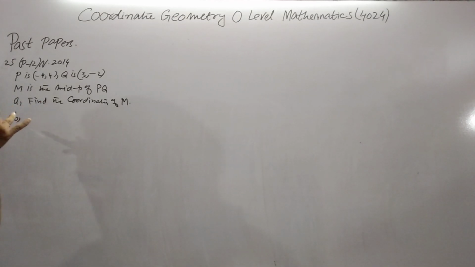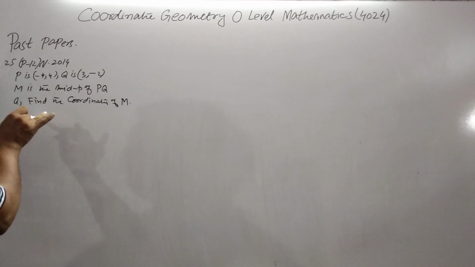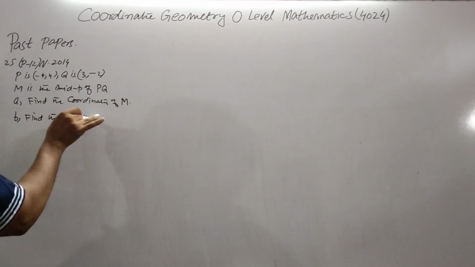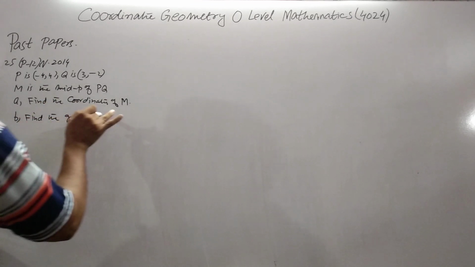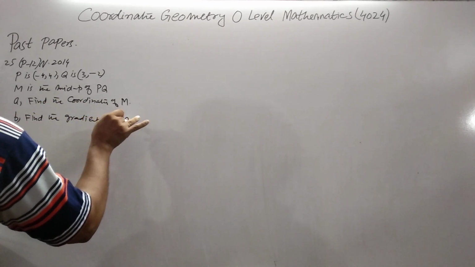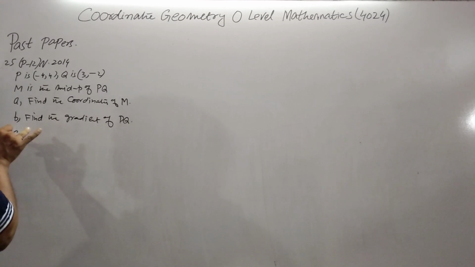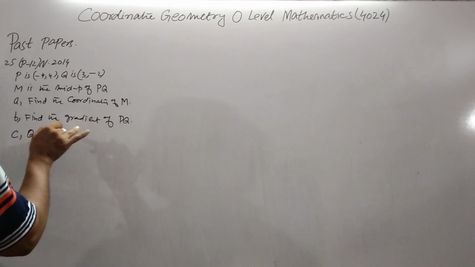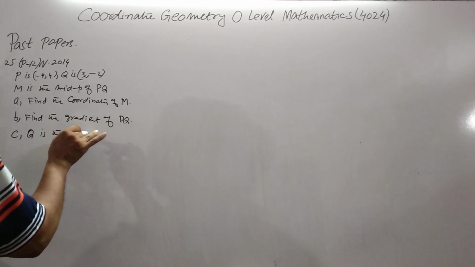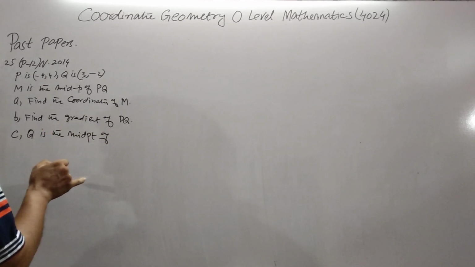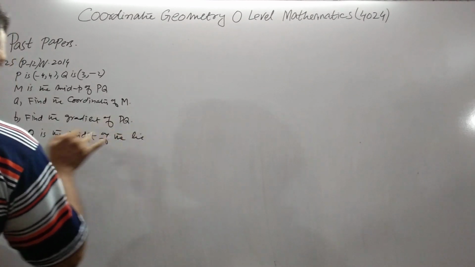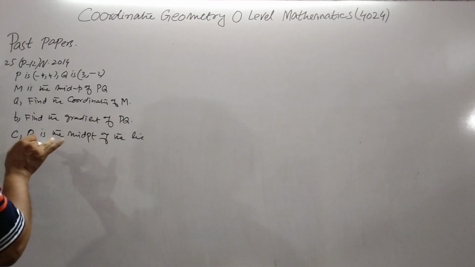Part B, find the gradient of the line PQ. Part C, Q is the midpoint of the line PQR.